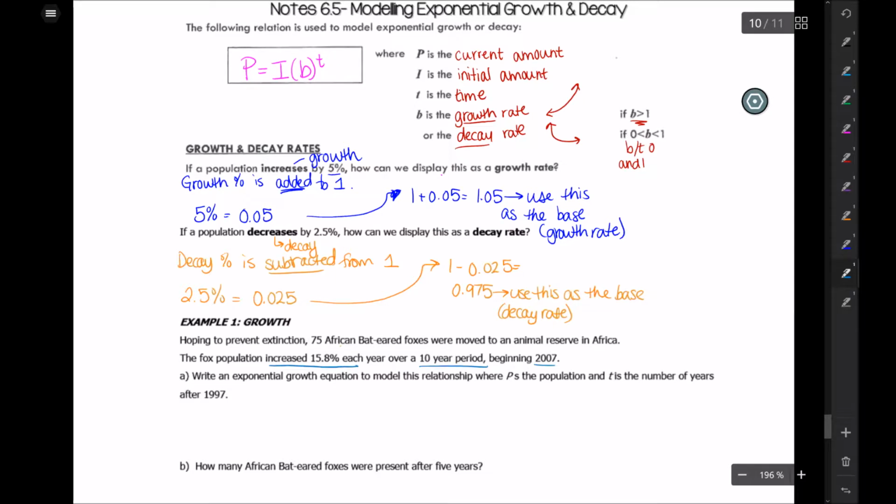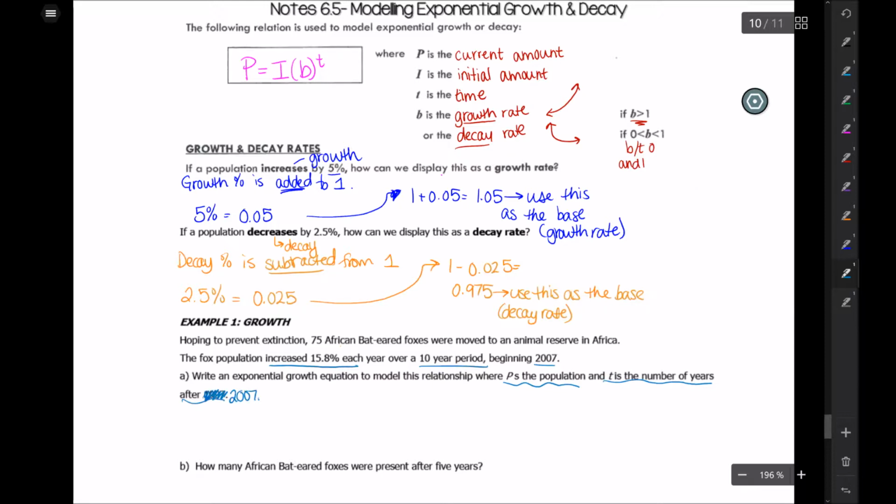Okay, so it says right here, write an exponential growth equation to model this relationship where P is the population and T is the number of years after 1997. Okay, so P stands for the current population, which is unknown. Okay, T stands for the number of years after 1990. Actually, this should say after 2007 because this is beginning in 2007 here.